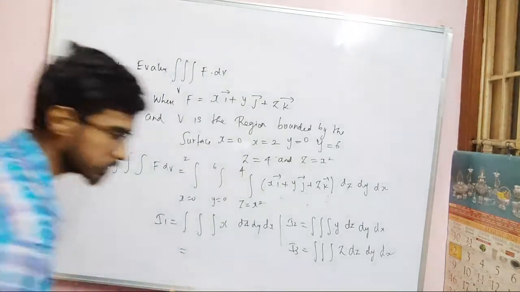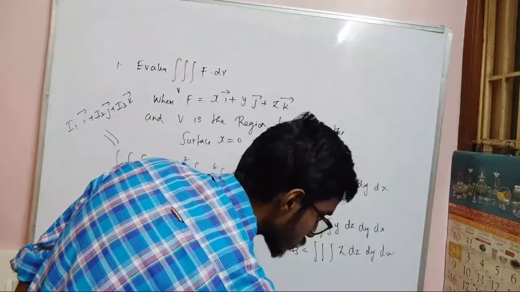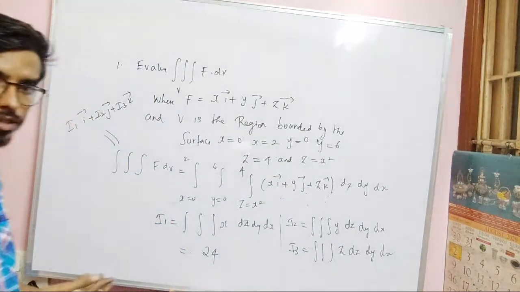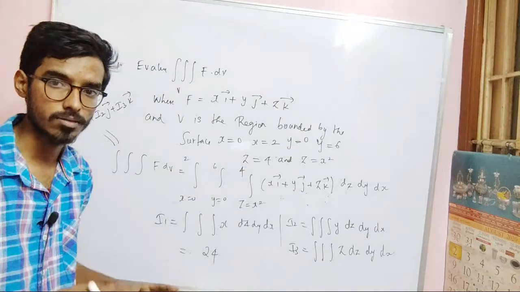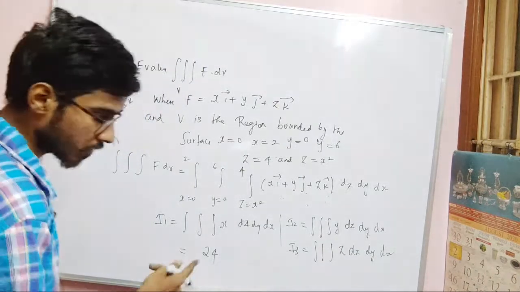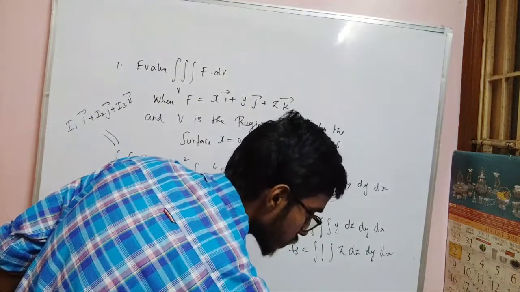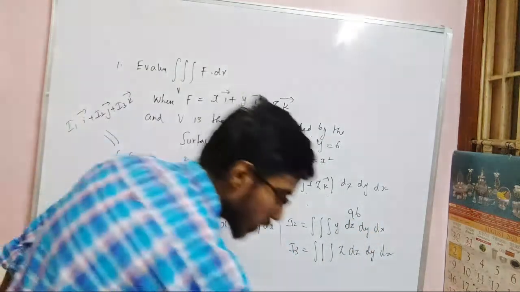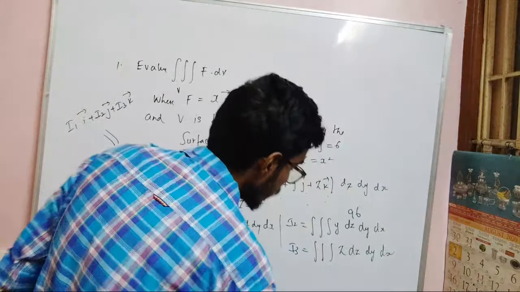Let me tell you the answer for I1. The answer is 24. It's very easy, you just have to integrate using the x power n formula. I2 will be 96 and I3 will be 384 by 5.